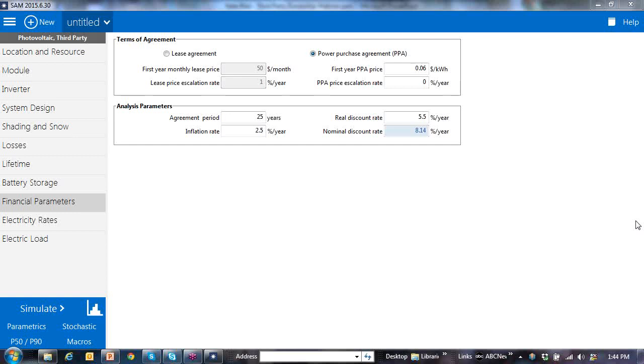I didn't want to imply that we haven't done any analysis yet, just because it hasn't been a factor in SAM. NREL has an ongoing number of efforts on third-party ownership.